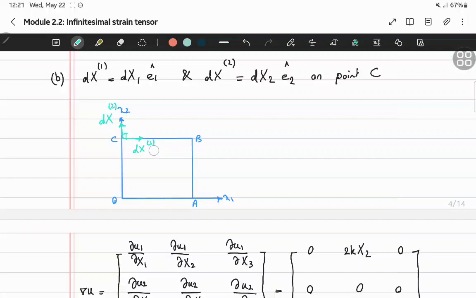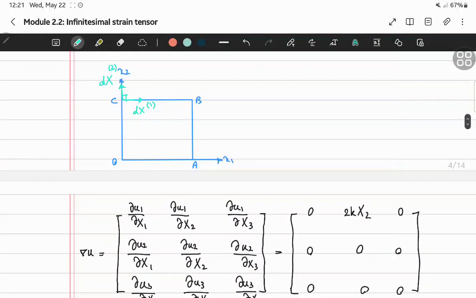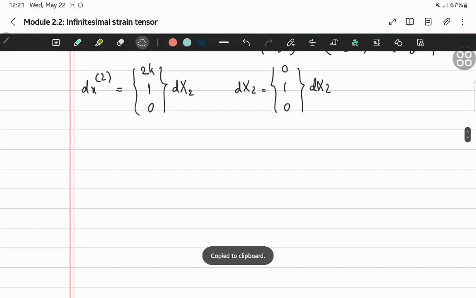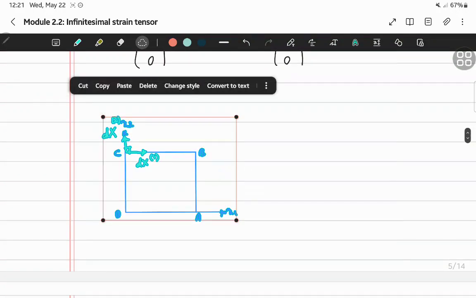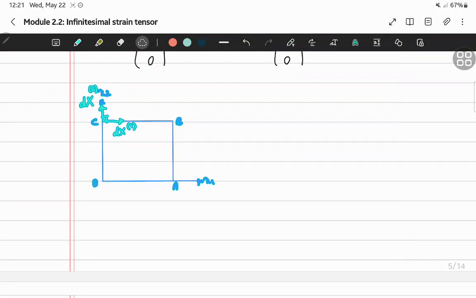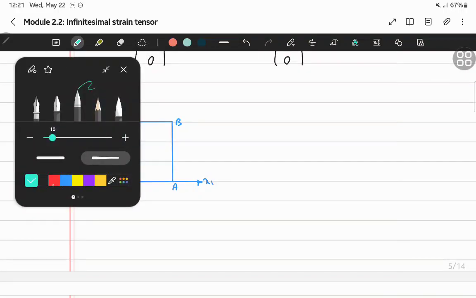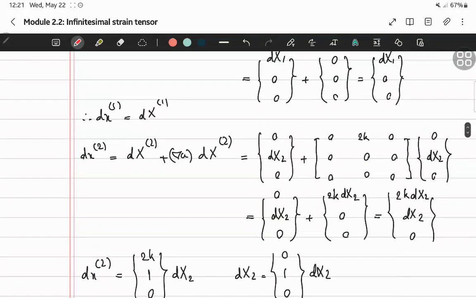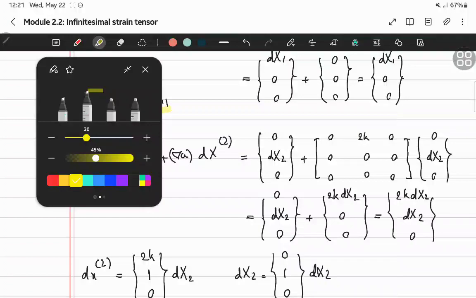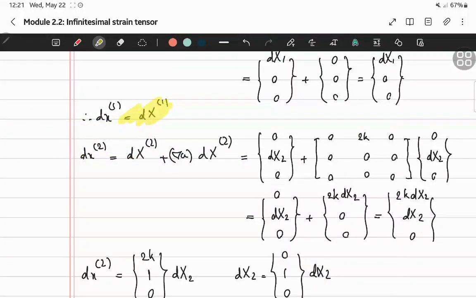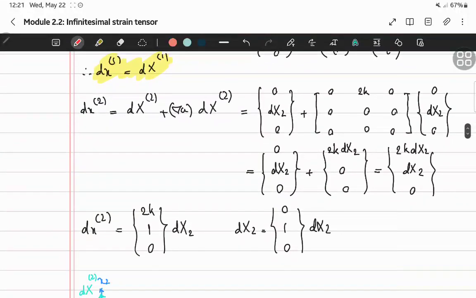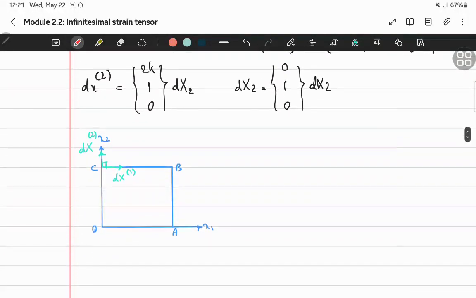Let me make this clear. If I grab this, copy, and paste it in here, you can now see that dx1 remains the same as dx1.